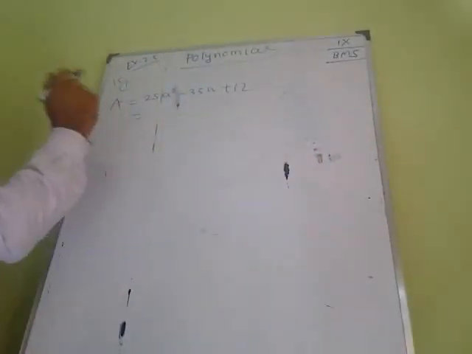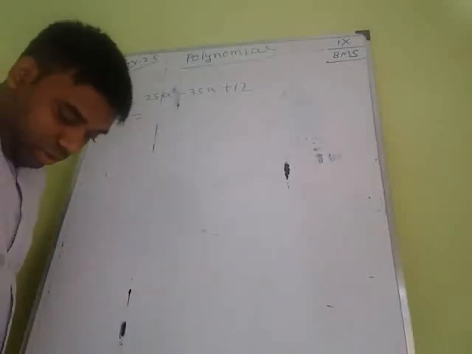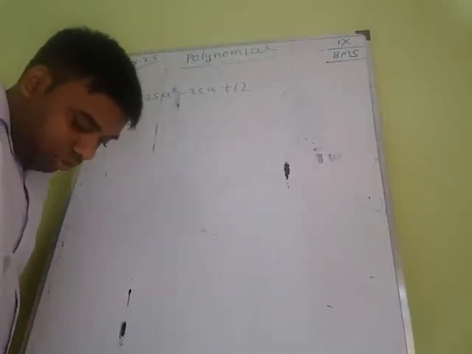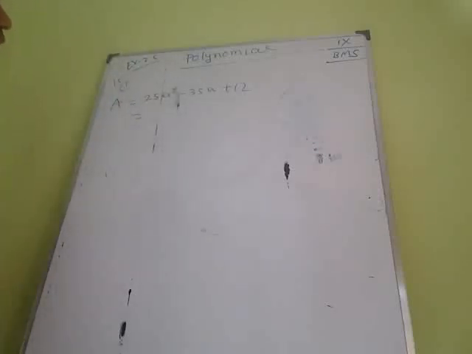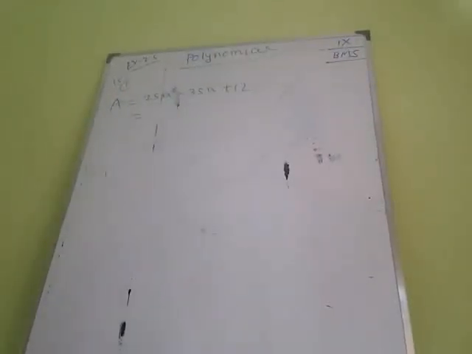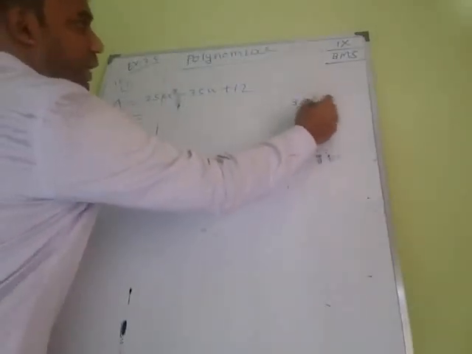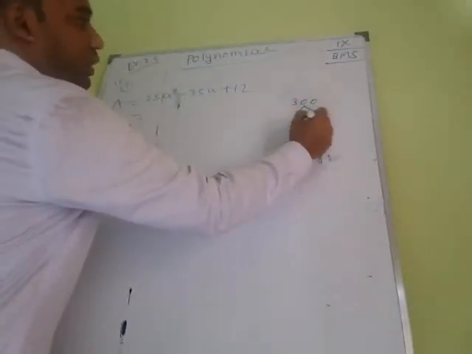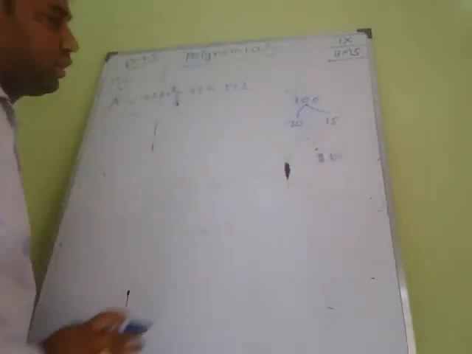If you are factorizing 300 using multiplication, you have to add to match 35. So students, 300 can be broken as 20 into 15, and 20 plus 15 is 35.